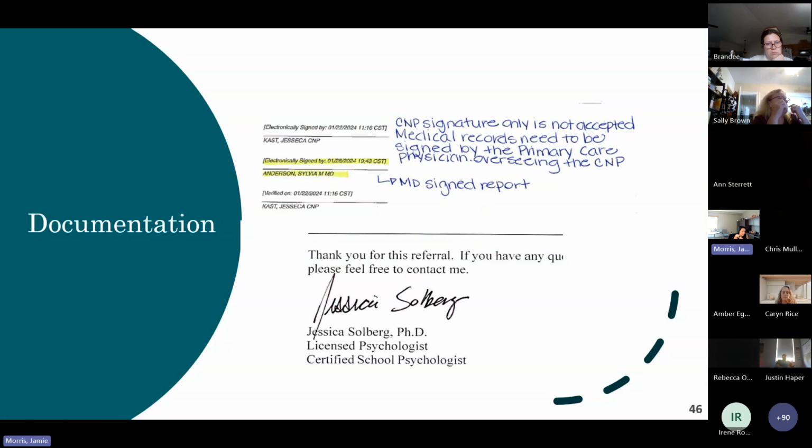And for an example, for Michelle, we did include this because we see sometimes that a CNP is signing for the diagnosis, but it really needs to be a medical doctor that is signing. That was an example for the physical, but for the actual psychological, we have a fictitious school psychologist here, and that documentation is included.